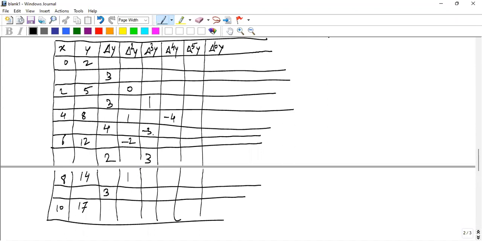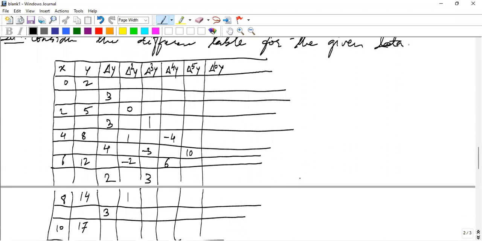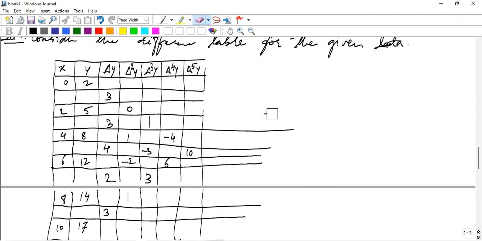This is minus 4. Difference is going to be 6, and this is 10. Is that okay? Yes, sir. All of you are getting this difference table? Yes, sir. Okay. Because once you understand the difference table, then it will become easy to understand the formula.